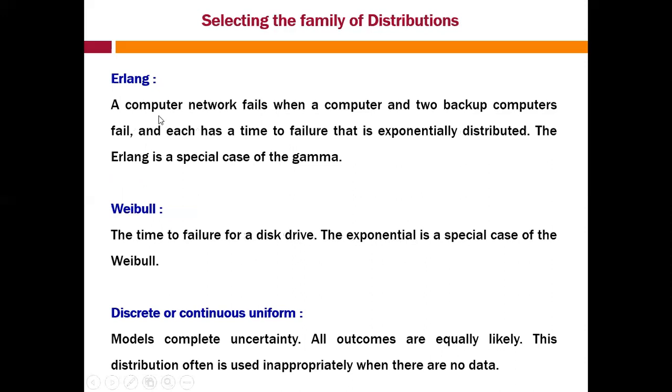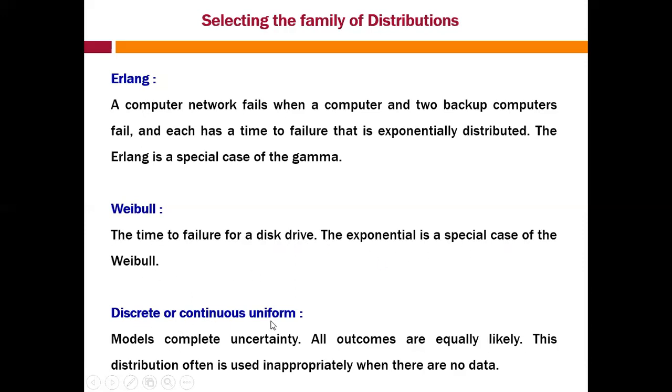Next one, the Erlang distribution: a computer network fails when the computer and two backup computers fail, and each has a time to failure that is exponentially distributed. The Erlang is a special case of the gamma distribution. Then Weibull: the time to failure for a disk drive. The exponential is a special case of the Weibull.